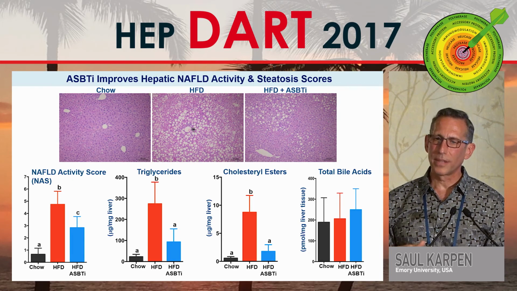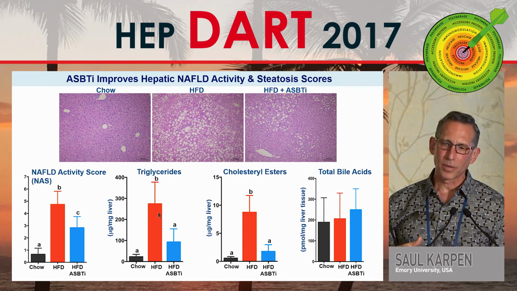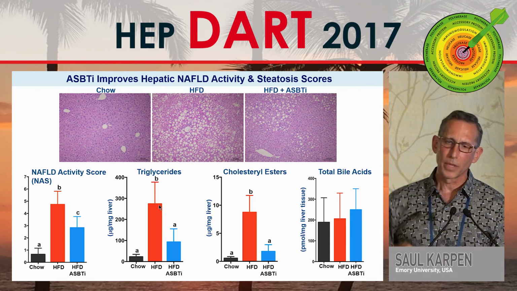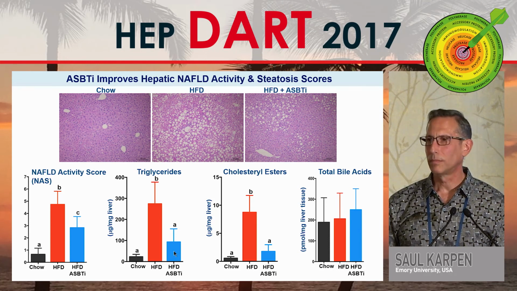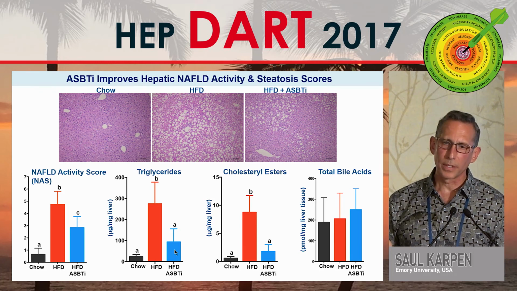Their livers look like this, and on an ASBT inhibitor they look like this, but the amount of triglyceride that was accreted, and that's the first step in everything else that follows, went down to normal with an ASBT inhibitor. So again, a non-absorbable drug in the intestine helps fix the liver.